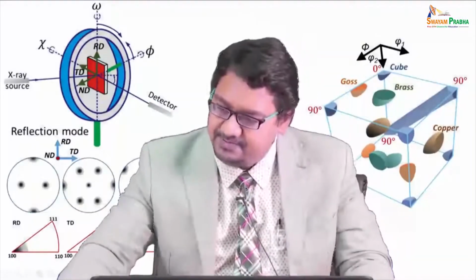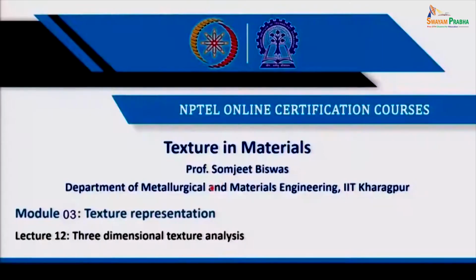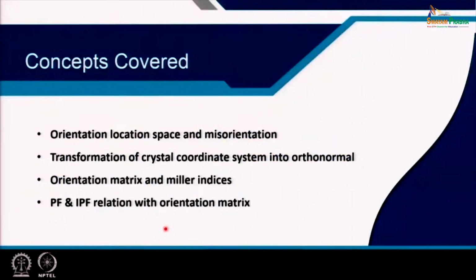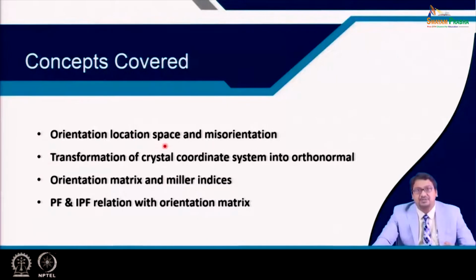Good day everyone. Today is the 12th lecture of the course Texture in Materials, and we will do 3-dimensional texture analysis. The concepts that will be covered in this lecture will be orientation, location, space and misorientation.